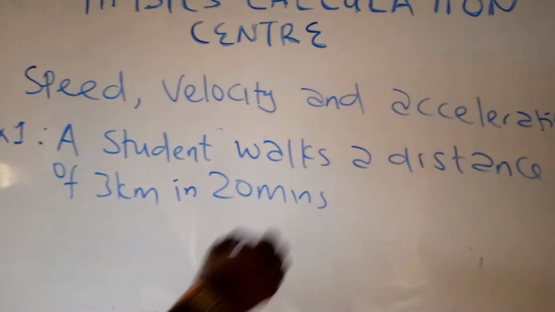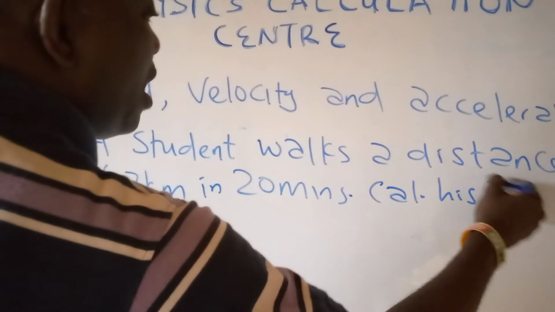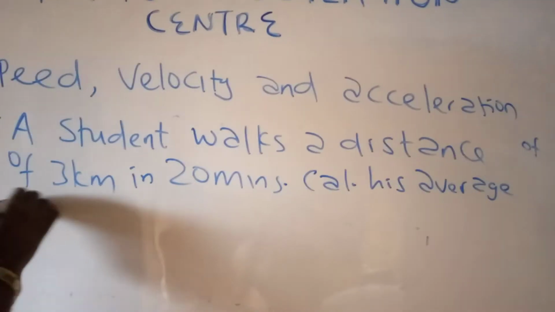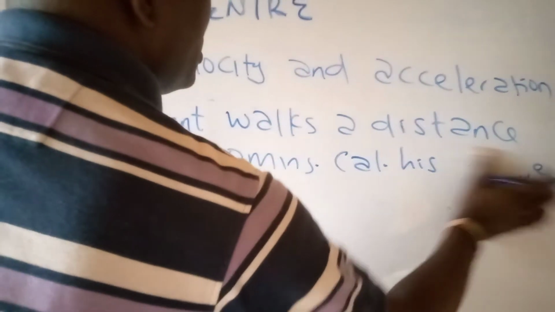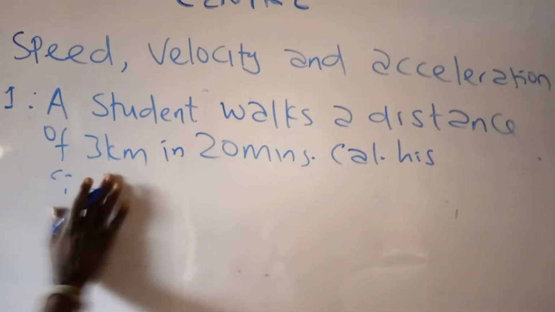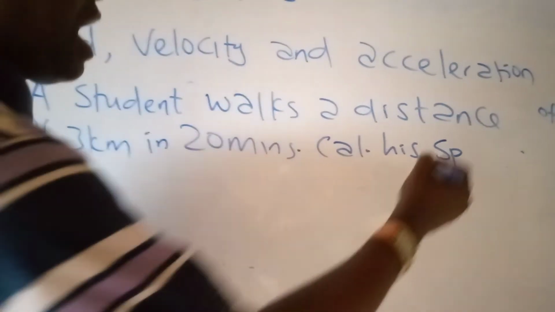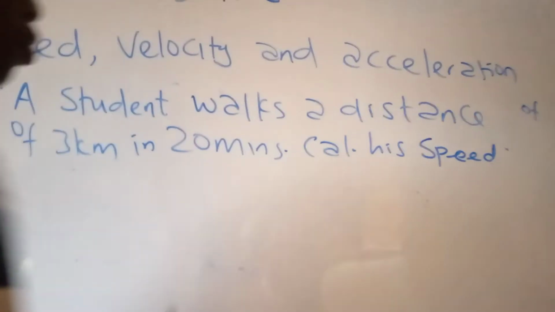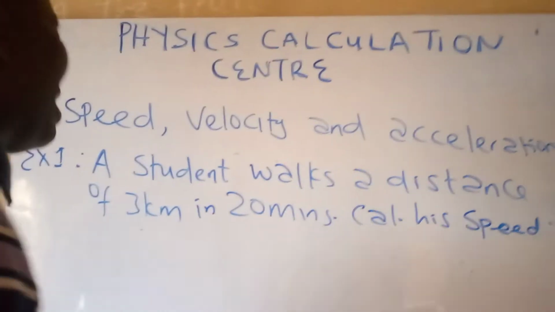Calculate his average speed. Or calculate his speed. We can calculate speed, we can calculate average speed. They are basically the same thing. But as we go further, we begin to see the little difference they have as we go higher in our calculation.